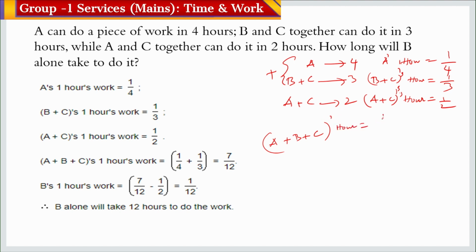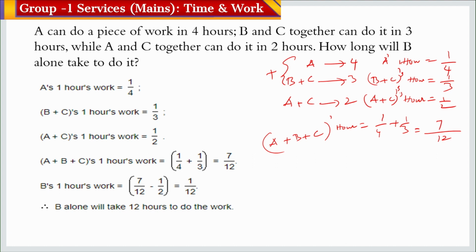Simply 1 by 4 plus 1 by 3. LCM is 12, and 7. A plus B plus C can do the work in 1 hour, 7 by 12.